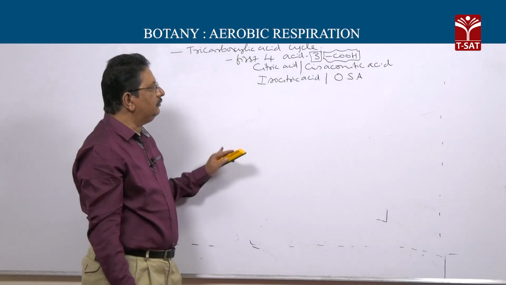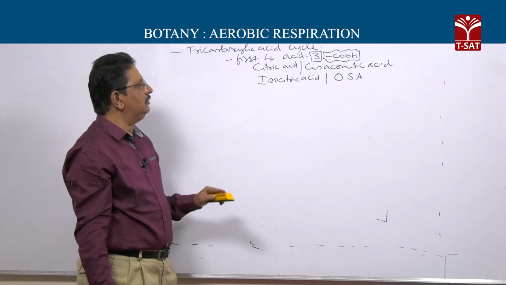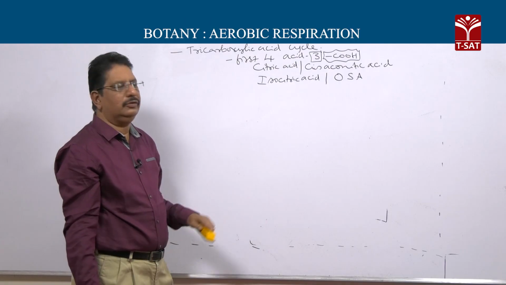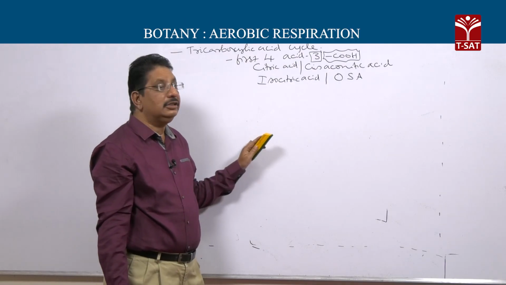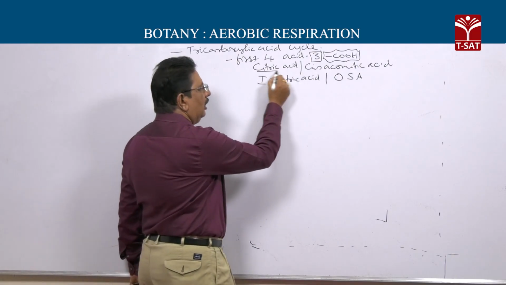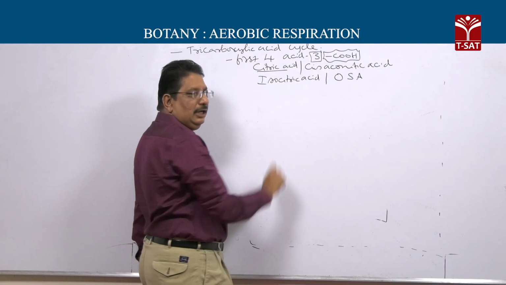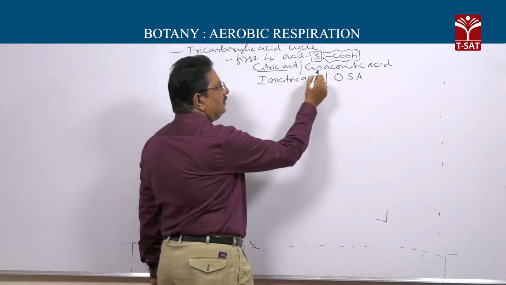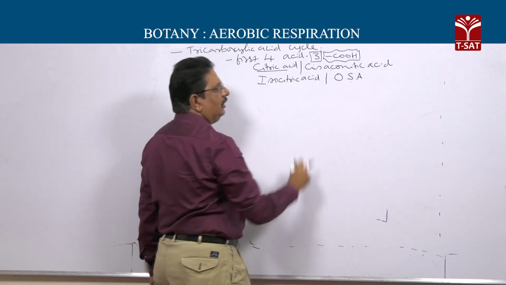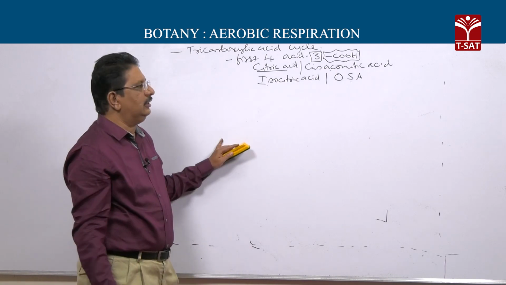So the first 4 acids that are formed during this cyclic pathway of complete oxidation and decarboxylation of acetyl coenzyme A are called tricarboxylic acids: citric acid, cis-aconitic acid, isocitric acid and oxalosuccinic acid.